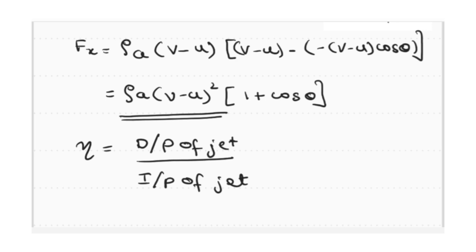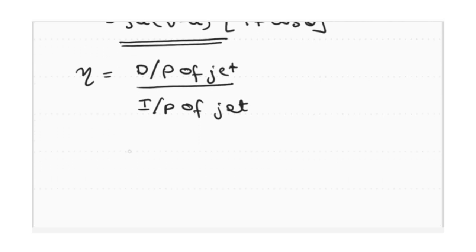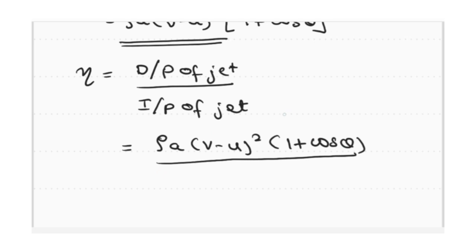Output of jet is work done, and work done is equal to Fx into u. So Fx is rho into A into (V minus u) whole square into (1 plus cos theta), multiplied by u, that will be the work done.